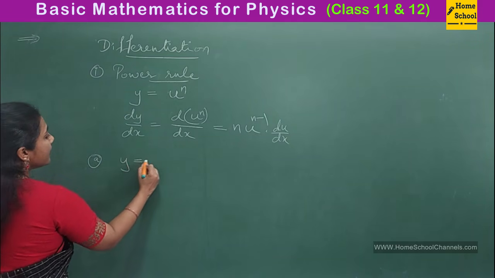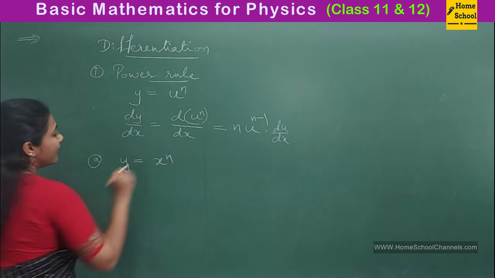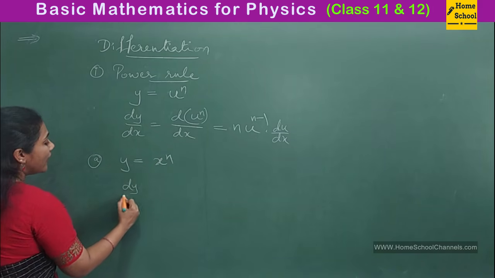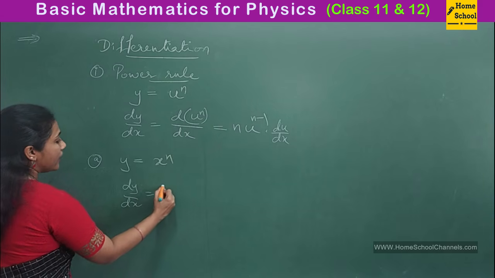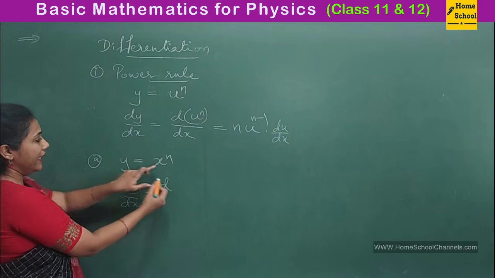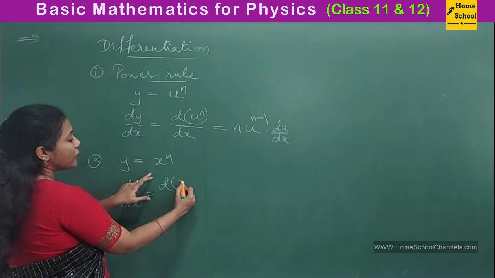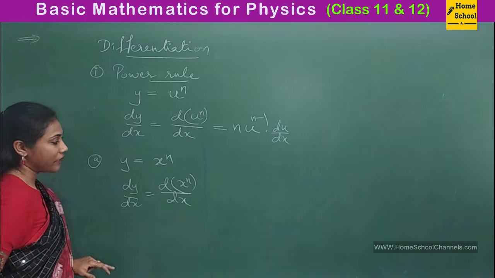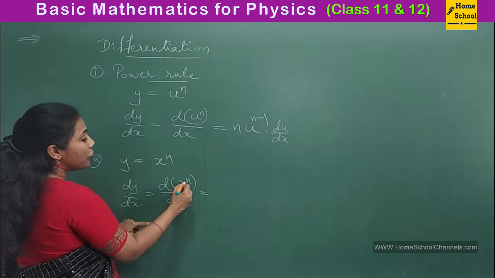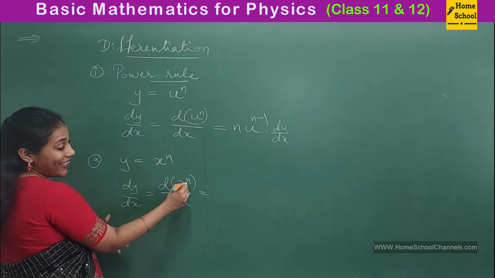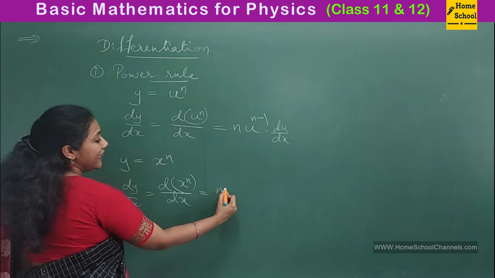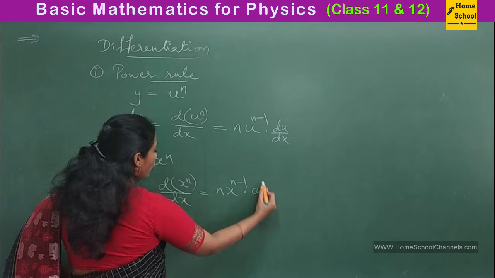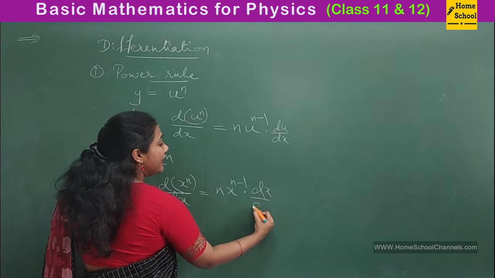Say one example here. Imagine y is equal to x to the power n. How do you differentiate? dy by dx is equal to, what is y? x to the power n. You have to differentiate x to the power n with respect to x only. So n comes outside: n x to the power n minus 1 into dx by dx.